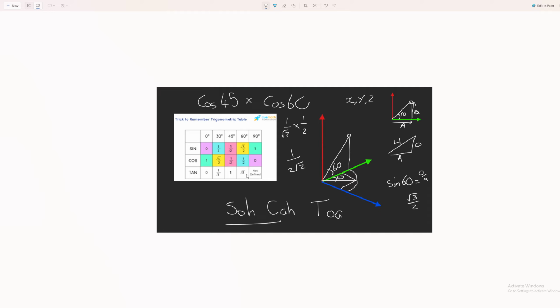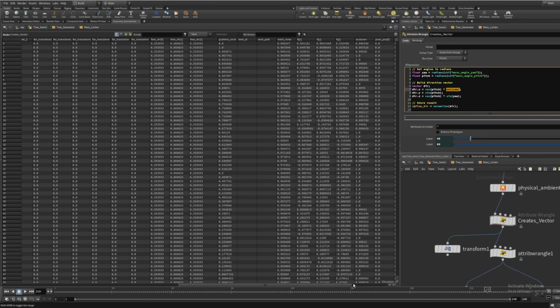Which is going to give us this value here, so 0.35.